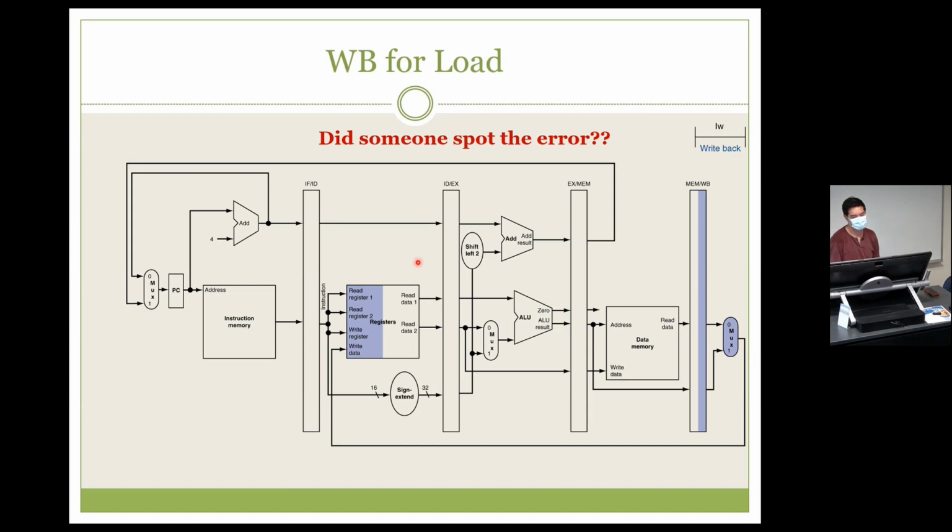You need to be able to propagate RT throughout here so that we remember this instruction was supposed to write to RT, and RT was, say, register 8. But we don't have anywhere showing it propagated through. If we don't do that, then I'm just going to write to the register that this instruction is trying to do.